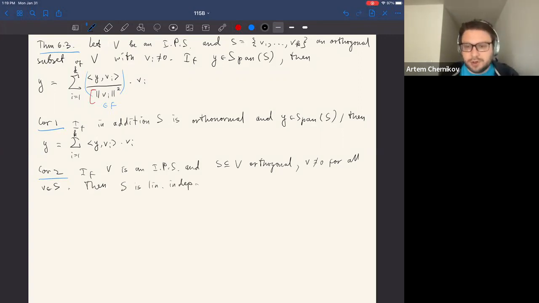All right. So we have this implication: orthogonality of a set implies linear independence.